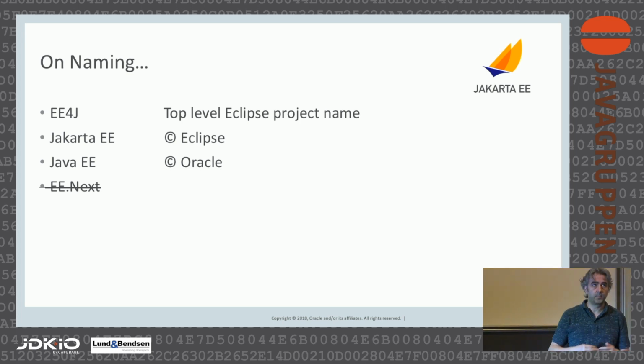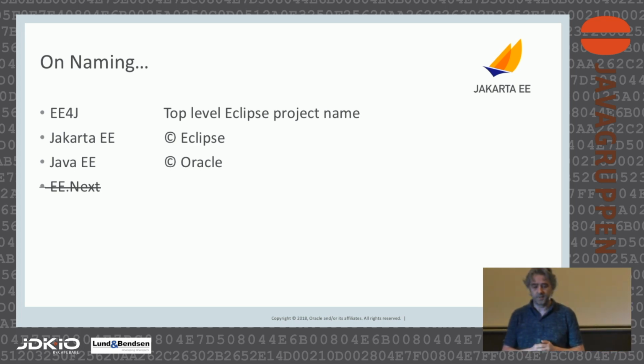That was a temporary name, and that name just got discarded. So if you are confused, just think that Java EE is the Oracle brand. It will stay for many years, but all the evolution will happen under Jakarta EE, and it's an Eclipse-owned brand.